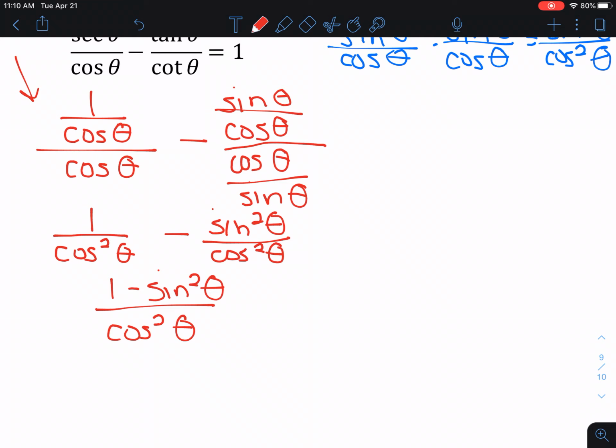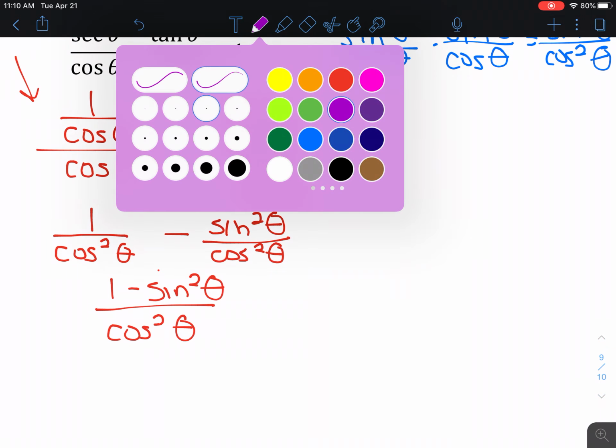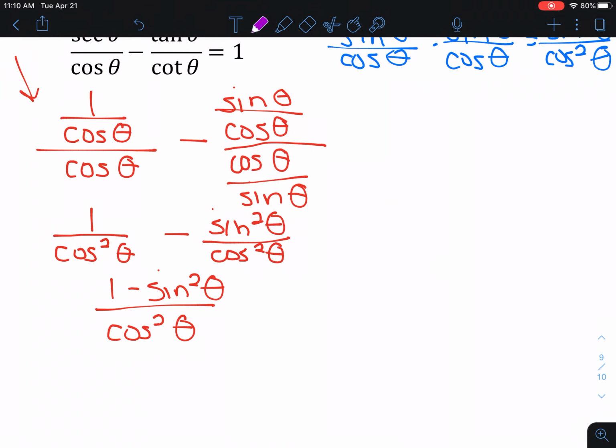All right, so now let's go back to that same theorem. You know that cosine squared theta plus sine squared theta is equal to 1. That's one of your Pythagorean identities.